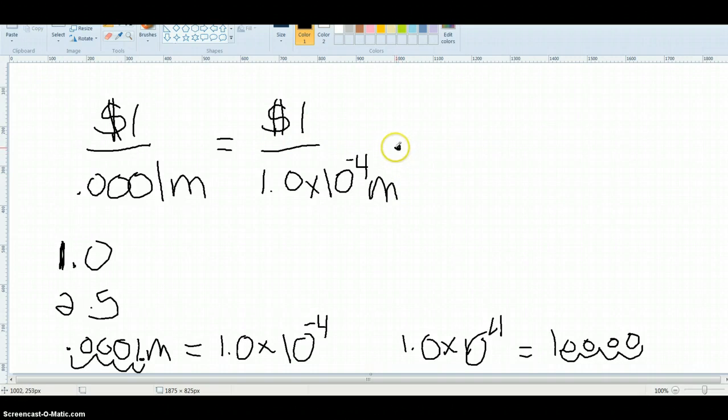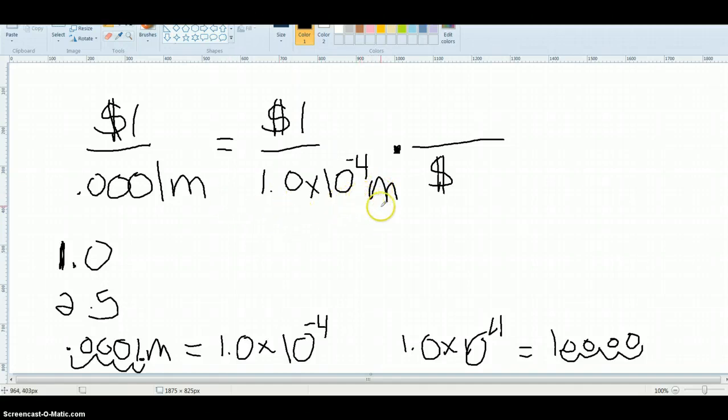If you've done some proportions and ratios already, then you might know where this is going. We're going to put the dollars over here, and since we have the dollar sign on top, we put a dollar sign on bottom, and that's going to cancel out, leaving just meters.